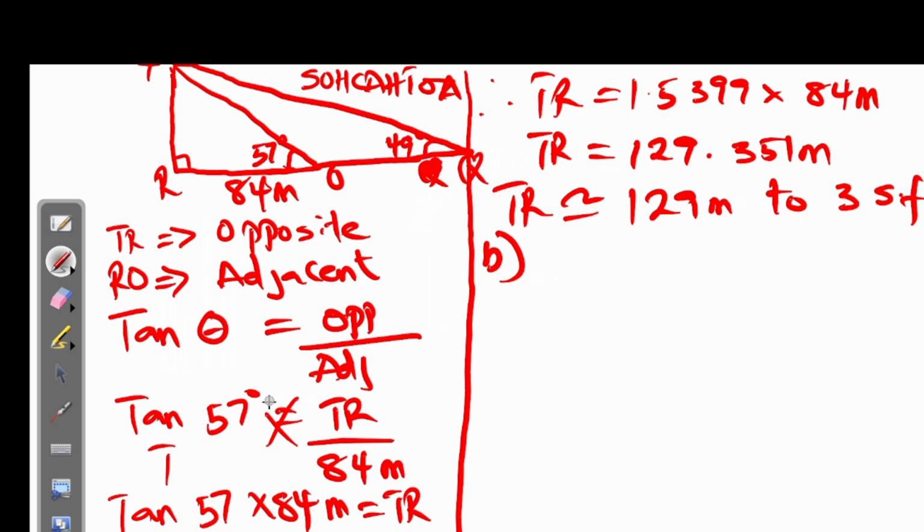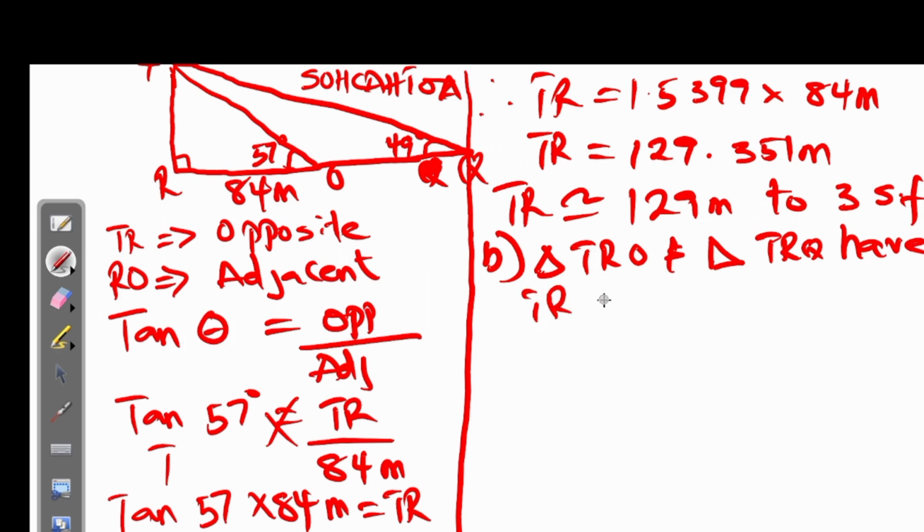If you look closely, we have triangle TRO and TRQ, both right angled triangles. They have TR in common, so we're going to use that.